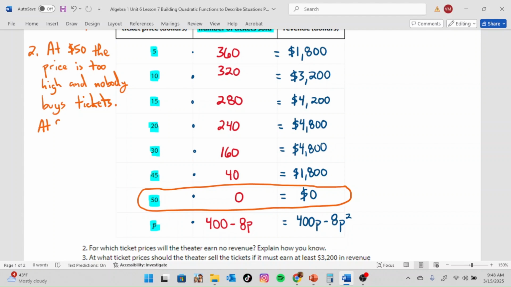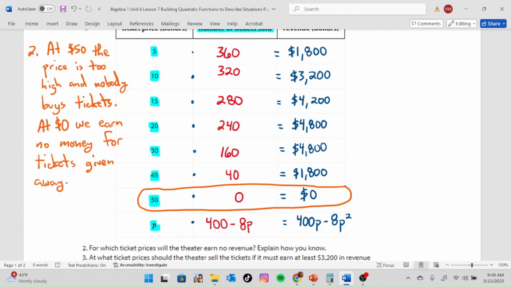So at $0, we earn no money for tickets given away.